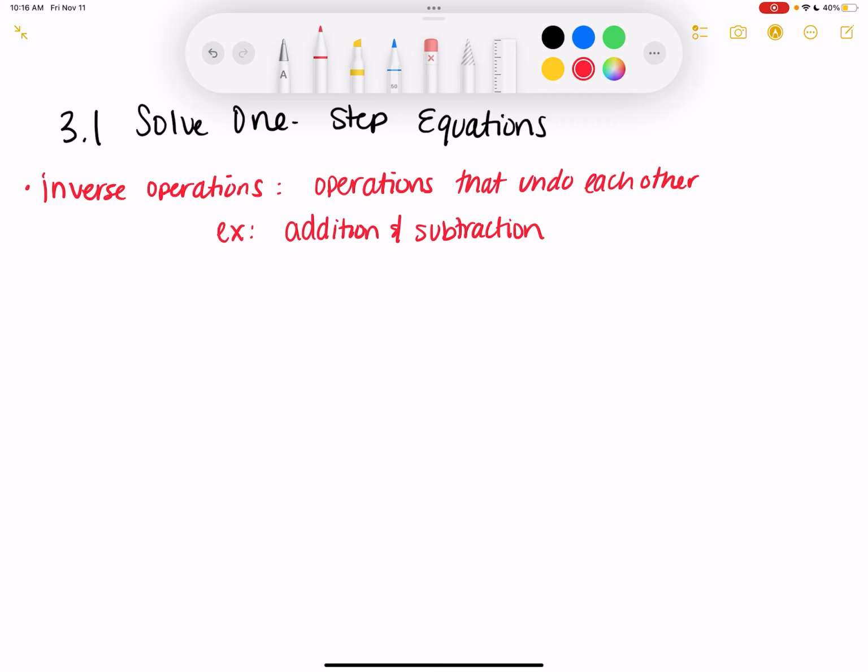And then equivalent equations are equations that have the same solutions.